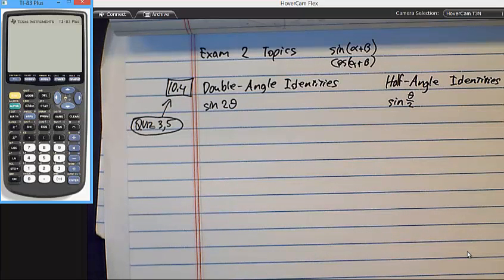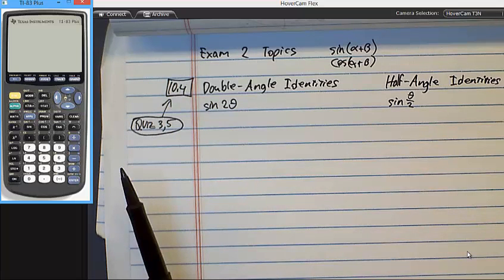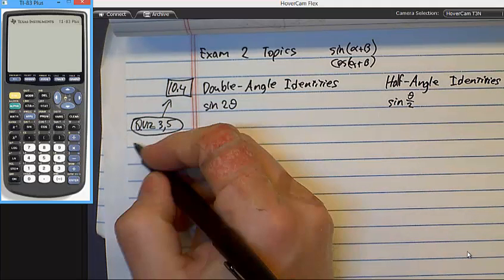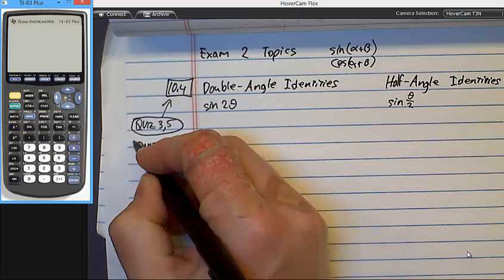And as far as tangent, why do I not worry so much about tangent? Because how can I always find tangent? Do sine over cosine, right? And I will say, everybody improved on quiz 5 compared to quiz 3. So that was nice to see, which is good because I know I'm going to be dropping a quiz. Quiz 4, what was that on?